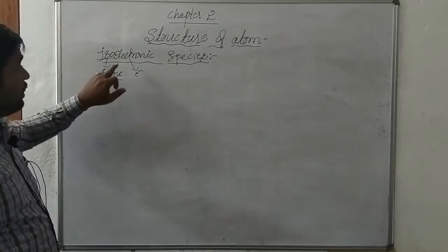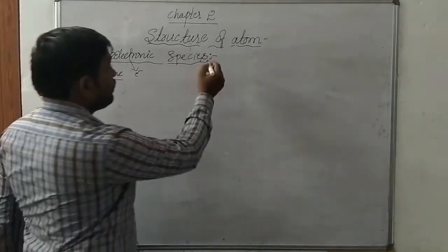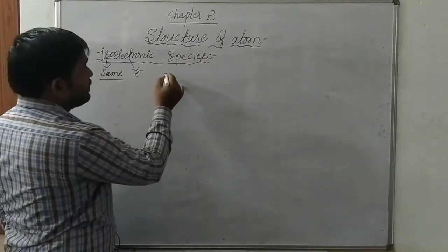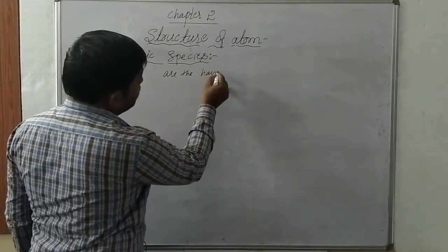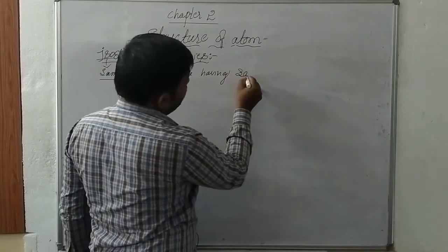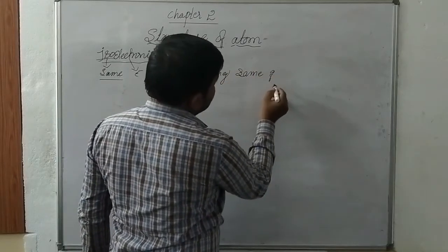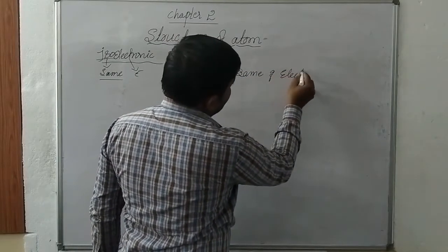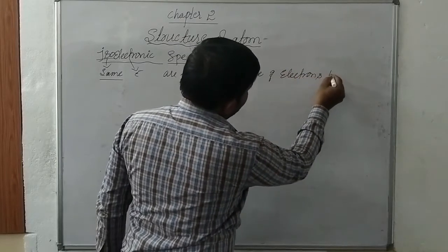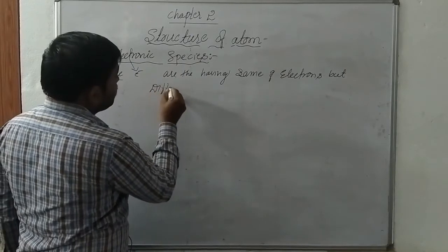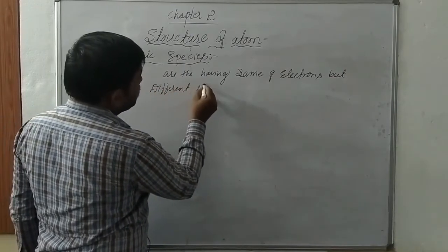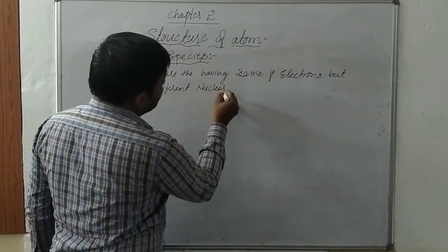So how do you define isoelectronic species? Isoelectronic species are having the same number of electrons but different nuclear charge.